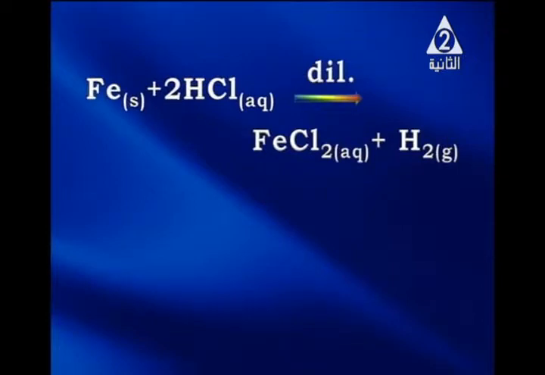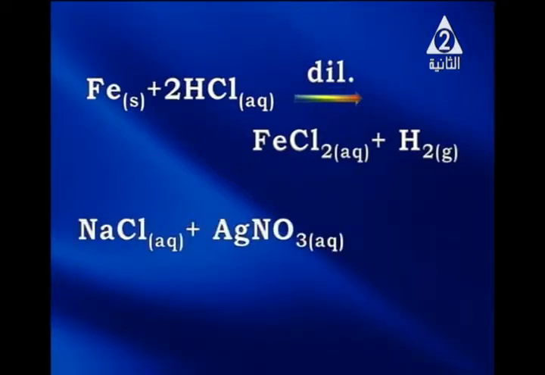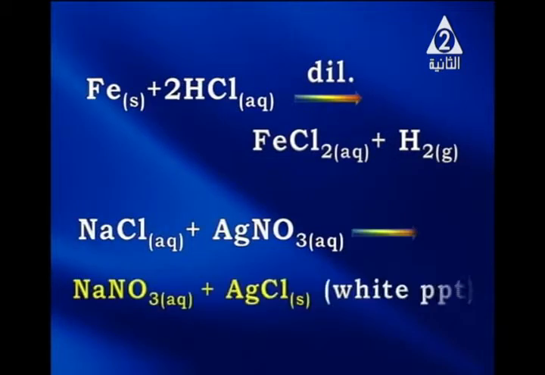The hydrogen gas escapes from the medium of the reaction, so the reaction moves in one direction only, forming the products. Another example, the reaction of sodium chloride with silver nitrate gives a white precipitate of silver chloride, and sodium nitrate solution is formed.